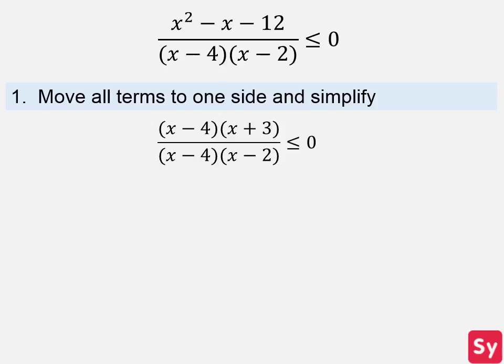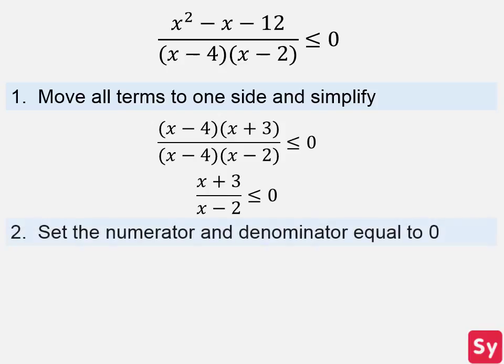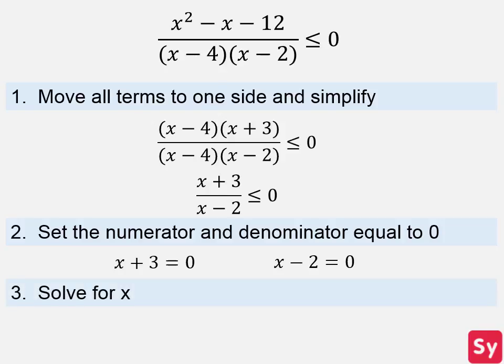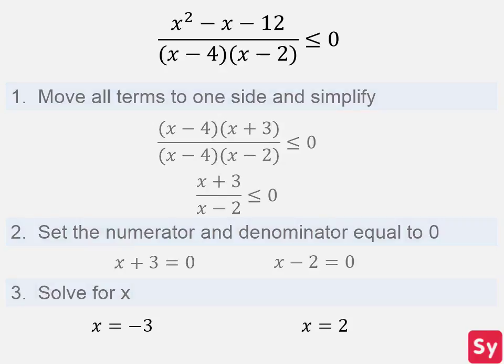Now we can cancel out an x - 4. So we have (x + 3)/(x - 2) is less than or equal to 0. Next, we set the numerator and denominator equal to 0. Then we solve for x. We get x equals negative 3 and x equals 2.